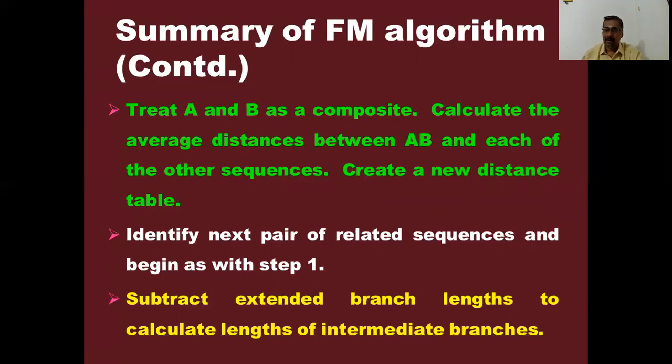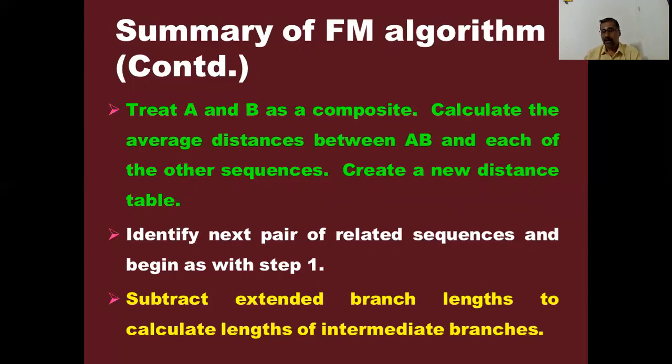So remember, the Fitch-Margoliash algorithm is not going to use arithmetic, specifically the unweighted arithmetic mean is not used. Branch length will not be uniform. The predicted tree is totally unrooted. It is not a rooted tree. So these are the greatest advantages of Fitch-Margoliash.